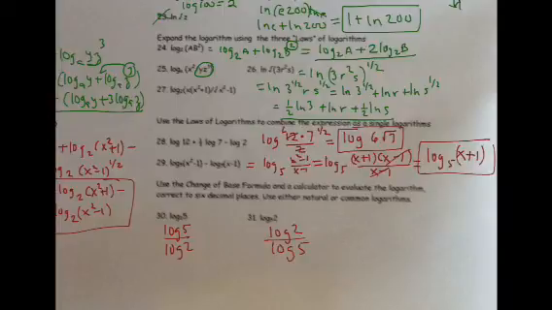And input this into a calculator. Okay, and there are the answers for 30 and 31. They asked for it to round it to 6 decimal places, and that's why you have that many decimals, because that's what they asked for. Okay, now I could have used natural log, I just chose to write the common log, so either one's fine.